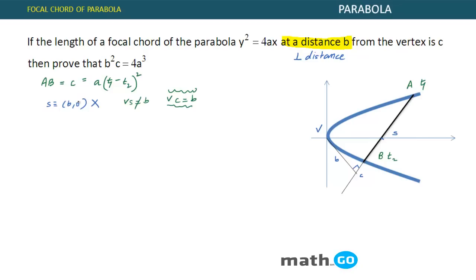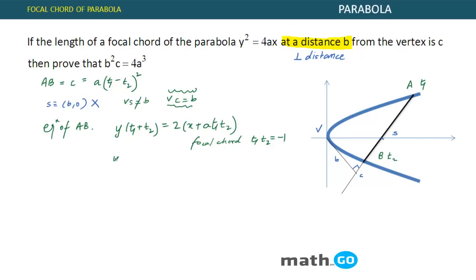So what is the equation of AB? That is the focal chord. So we know that the chord is y(t1 plus t2) equal to 2x plus 2a t1 t2. And since this is a focal chord, what is the property of the focal chord? That t1 t2 will be equal to minus 1.